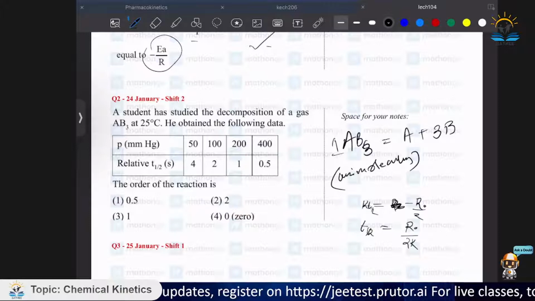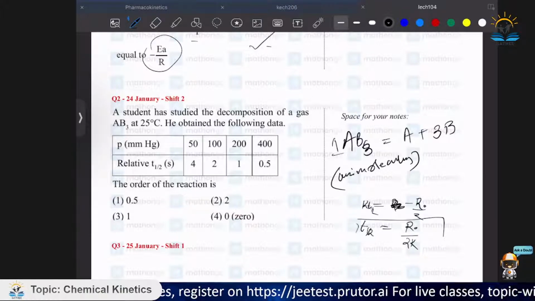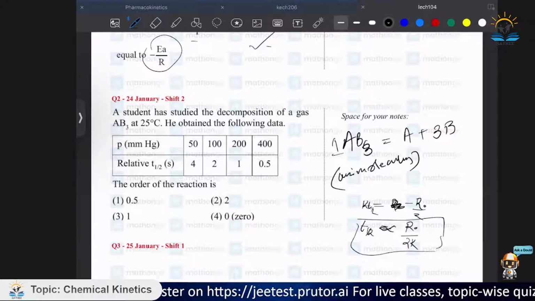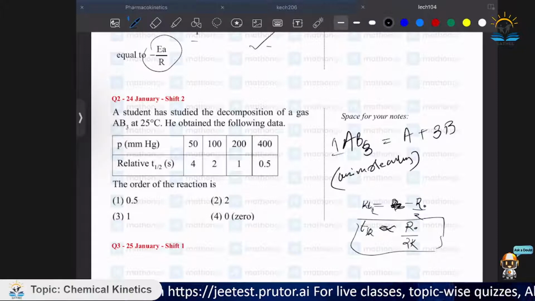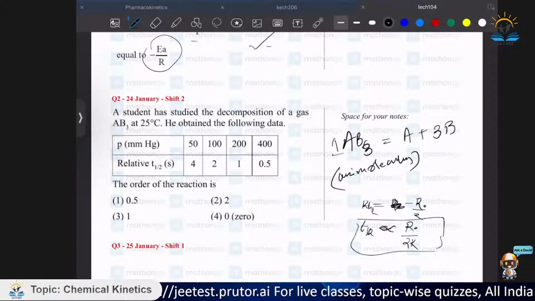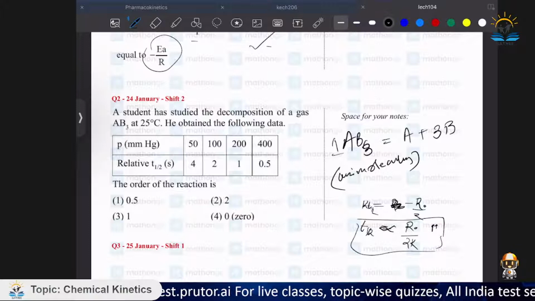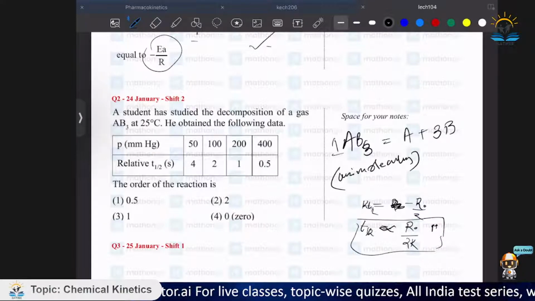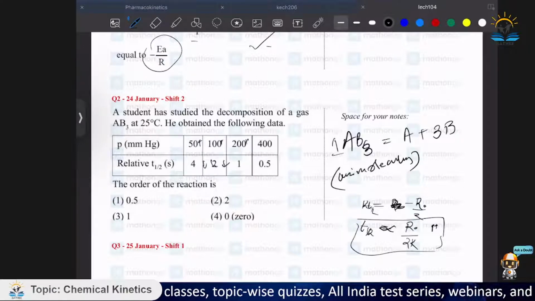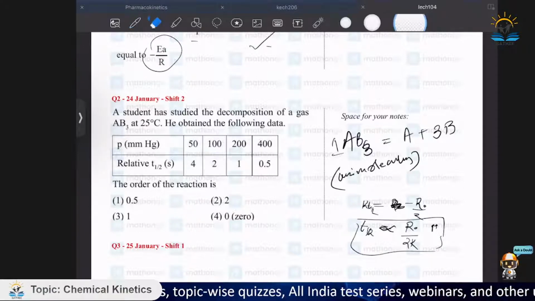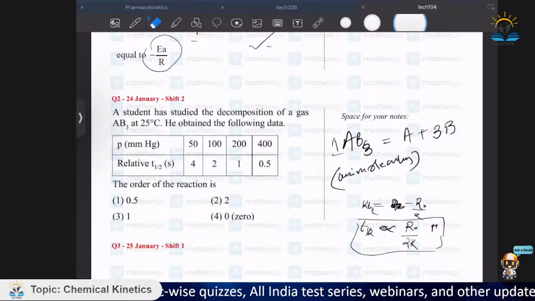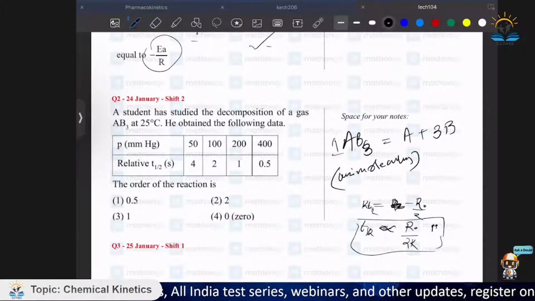For zero order reaction, the half life is directly proportional to the initial concentration. So on increasing the concentration, half life should increase. But here we are seeing that on increasing concentration, half life is decreasing. So it cannot be a zero order reaction.